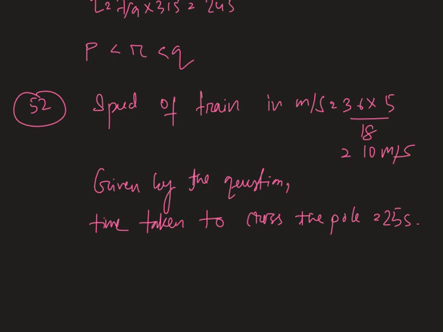Now the length of the train is equal to the speed of the train into the time taken to cross the pole.